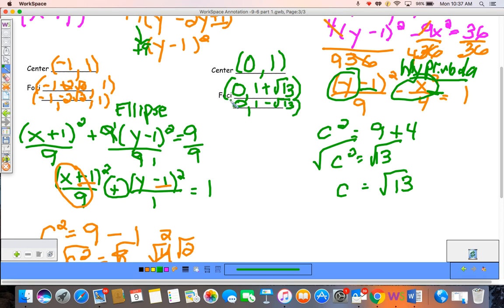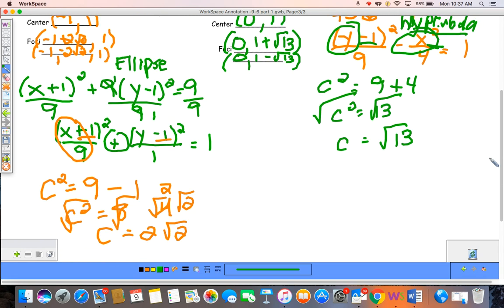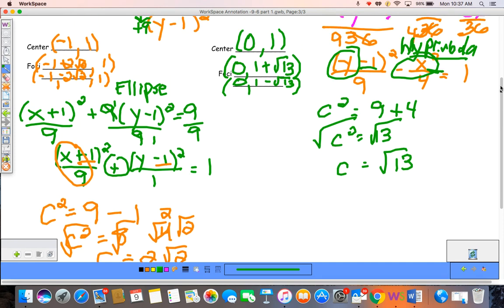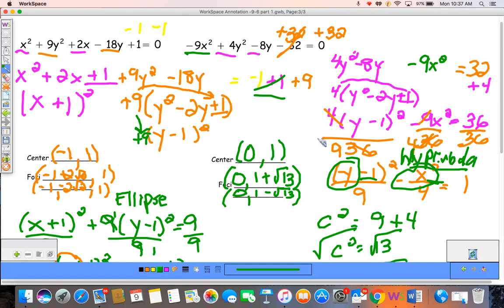And there's your foci, along with doing a little bit of just getting these in standard form here, which is going to be a little bit different. Okay? You got to separate your x's and y's. You got to complete the square. And then you have to get it equal to 1. And that's something we're going to do a little bit more of as we go here.